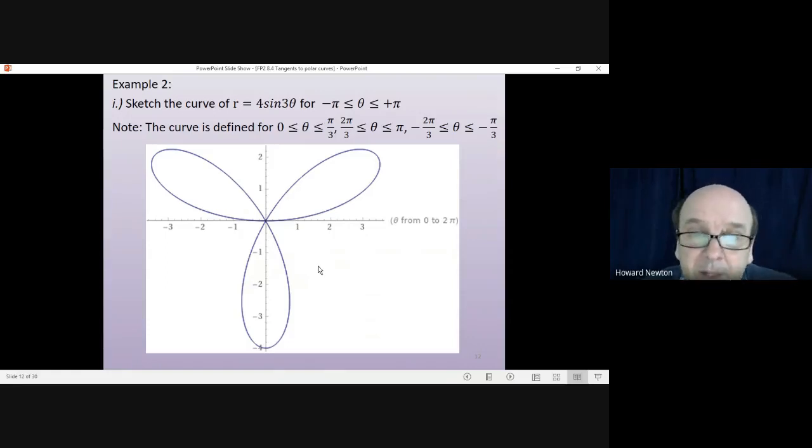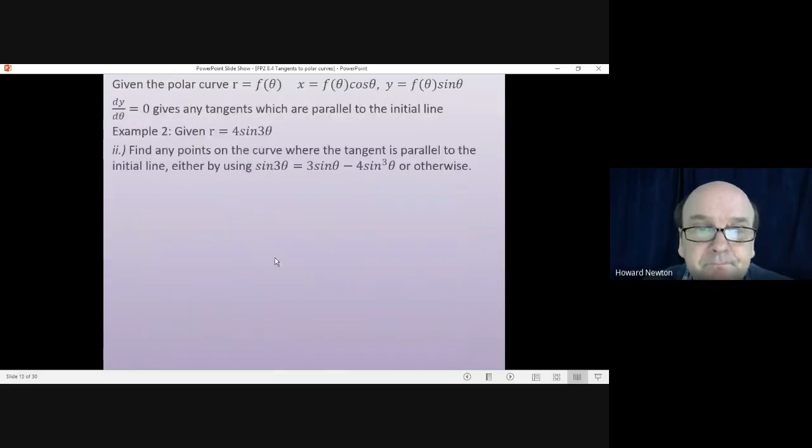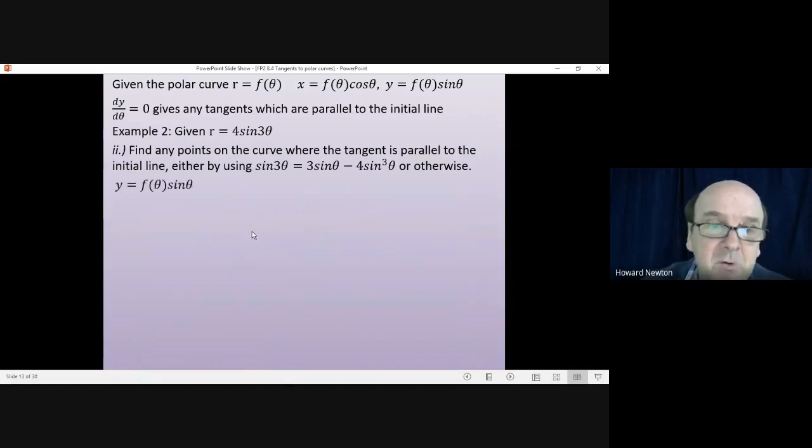Okay, part 2 asks us to find any points on the curve where the tangent is parallel to the initial line. So again, we'll be using y = f(θ) sin θ. In this case, f(θ) is 4 sin 3θ. And this is the moment when we need to use the trig identity in order to help us differentiate the function.